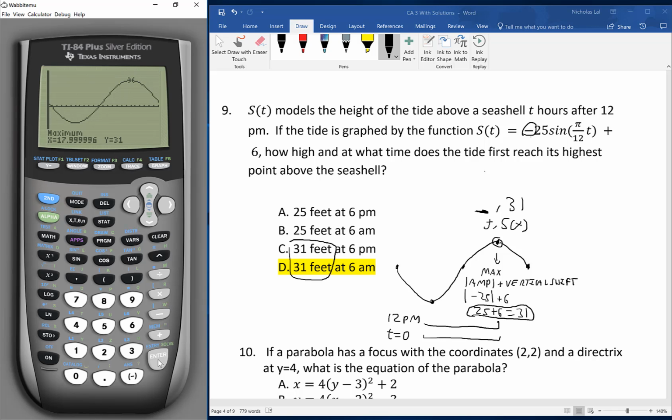And here we'll have a maximum of 17.99999631, which is pretty much, we can pretty much say that that's going to be 18.